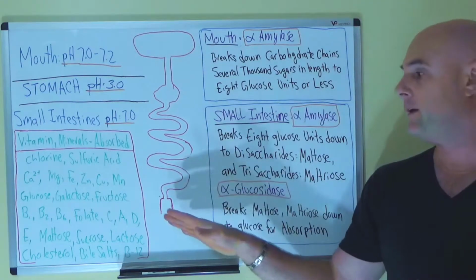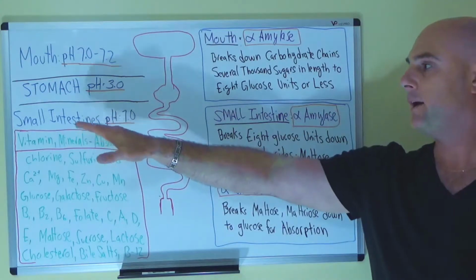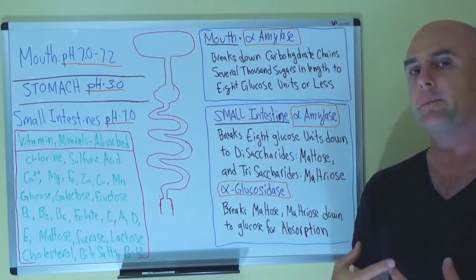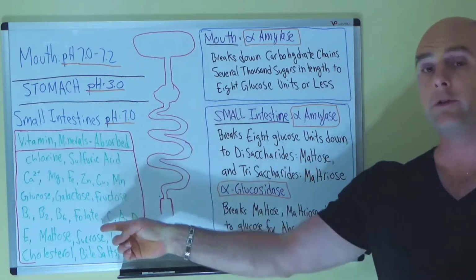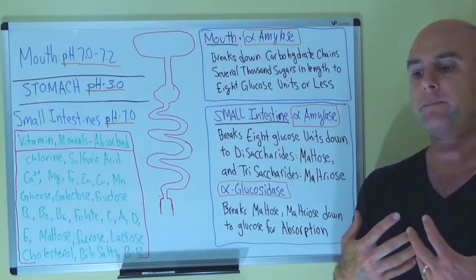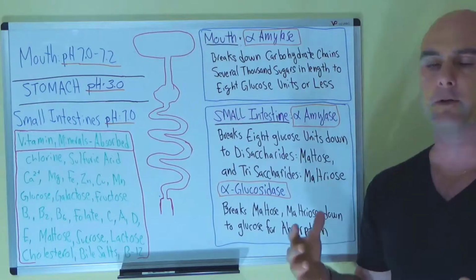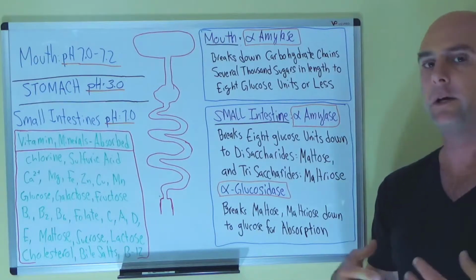The other thing that I think is worth mentioning here is that since we absorb most of our vitamins and minerals through our small intestines as well as our sugars, it might be something to consider taking an enema every once in a while. I think adults should have an enema about 3 or 4 times a year anyway, depending on their diet.